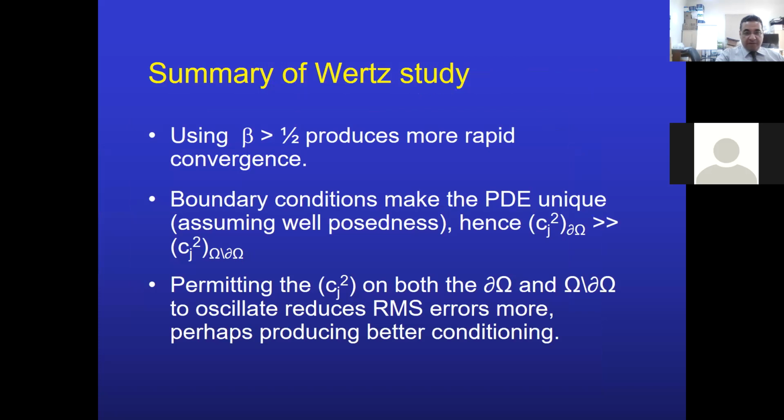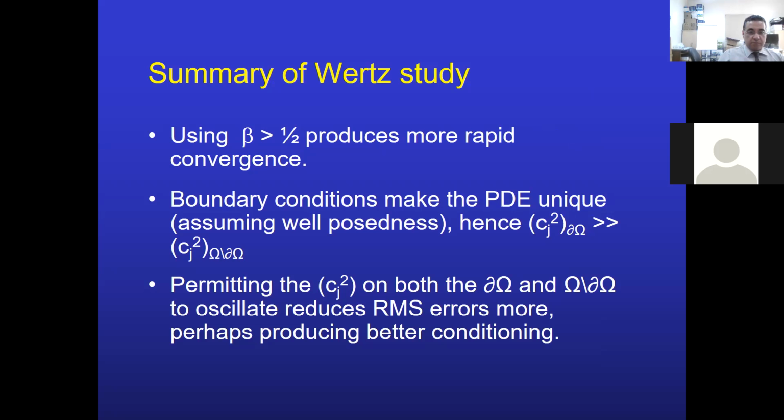Okay. So anyway, what the Wirtz study showed is that an exponent greater than 1/2 produces rapid convergence. The boundary conditions on the PDE are unique, assuming well-posedness. And then you could let the shape parameters on the boundary be much greater than that of the interior.